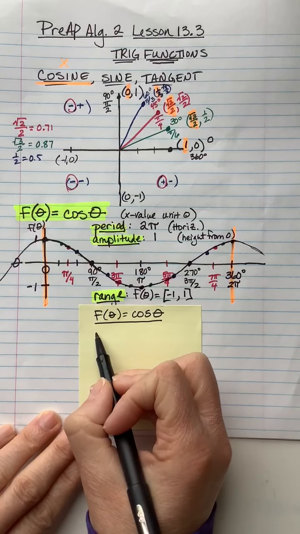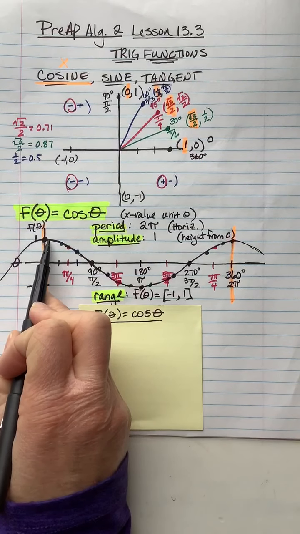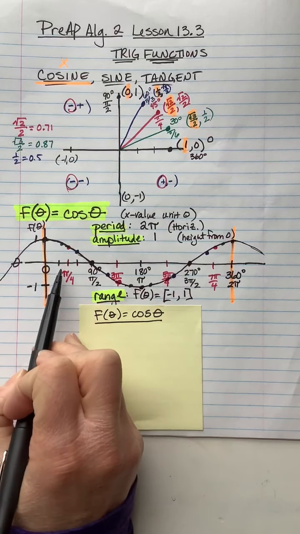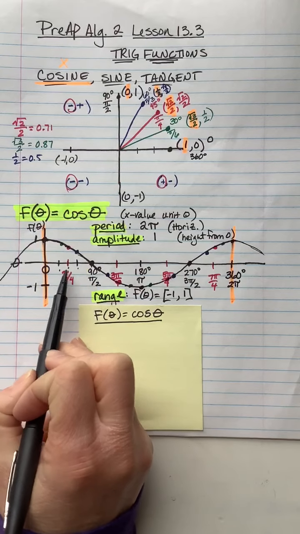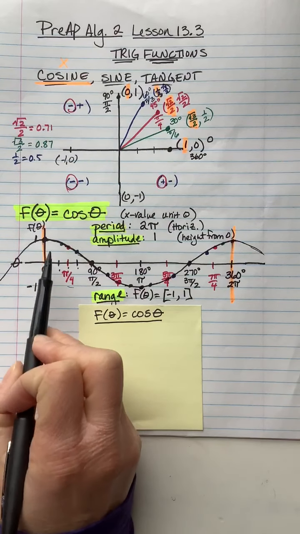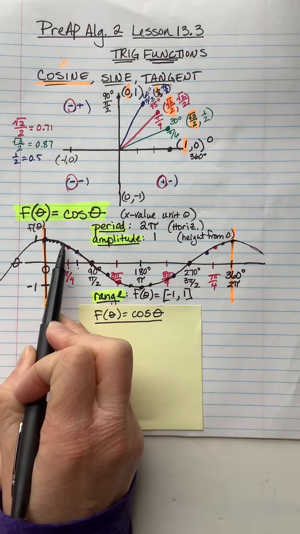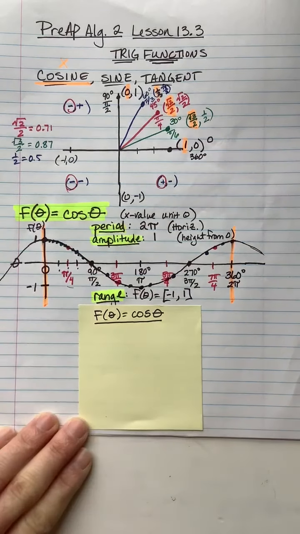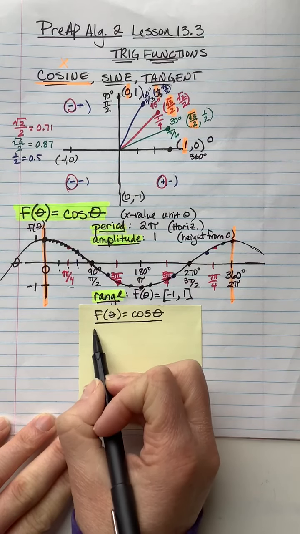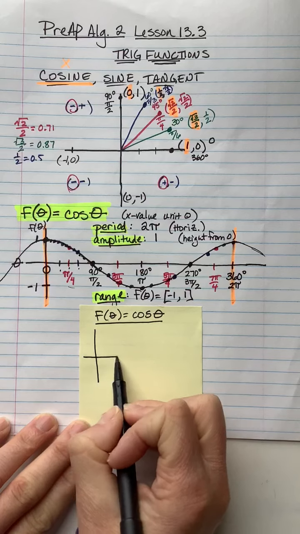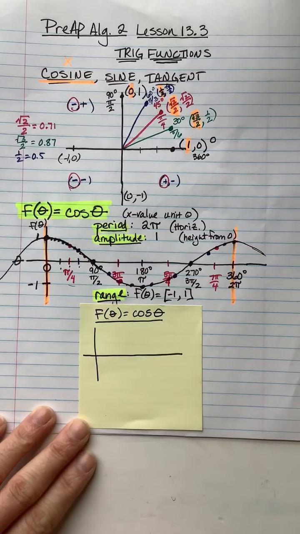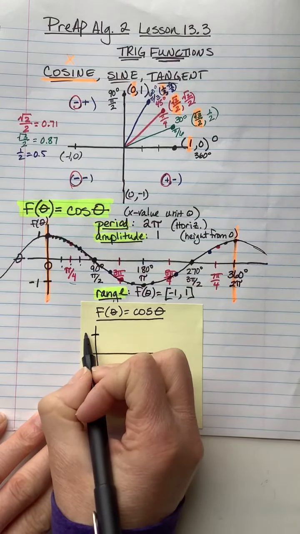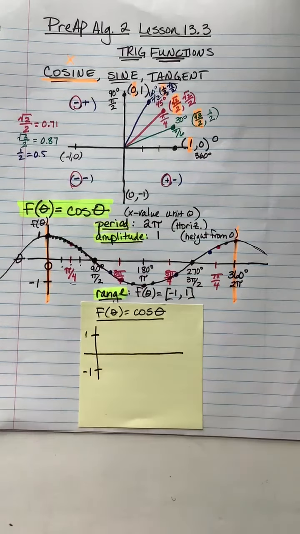As we move forward, as you know, in all functions, there's an infinite number of points here. Now, these are our nice, convenient points on the unit circle, but there's millions and billions and quadrillions of points here. We are only going to be concerned with our parent points. So our parent points for cosine are going to, of course, include our 1s. It's going to travel from 1 down to -1.